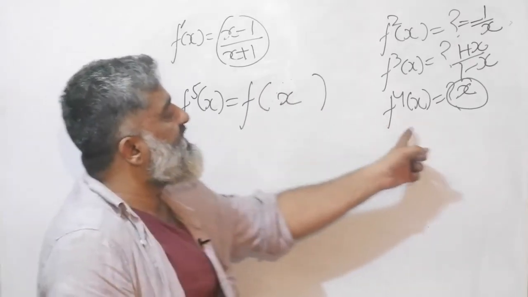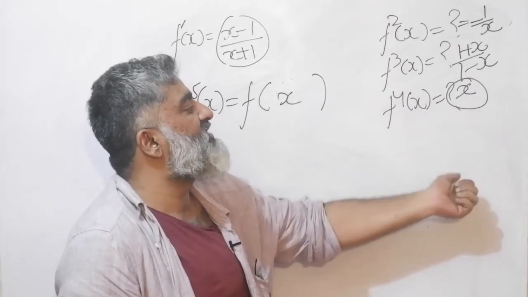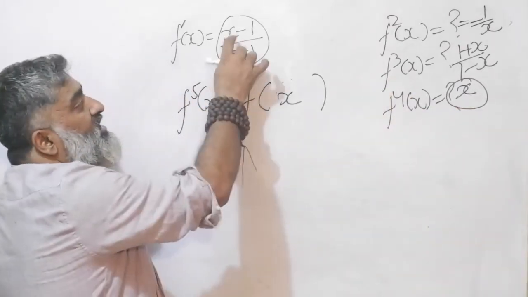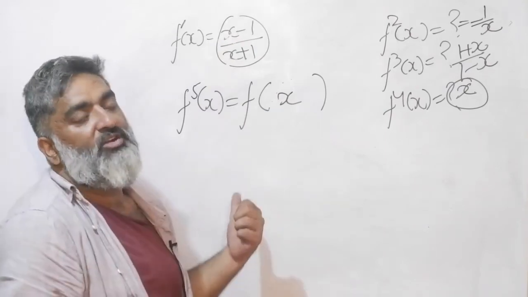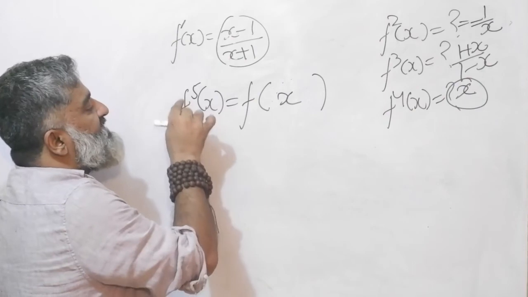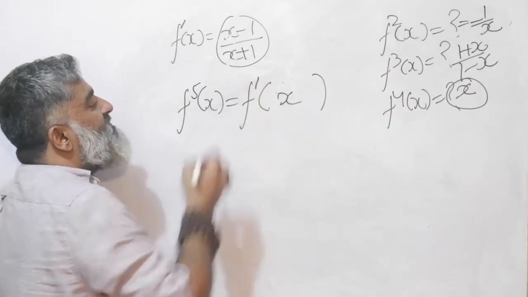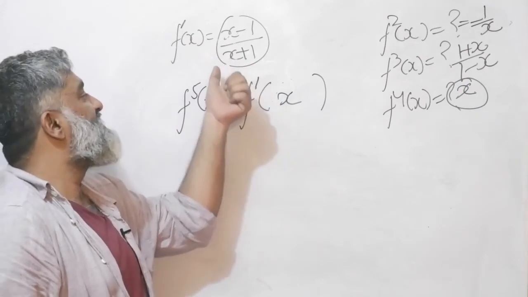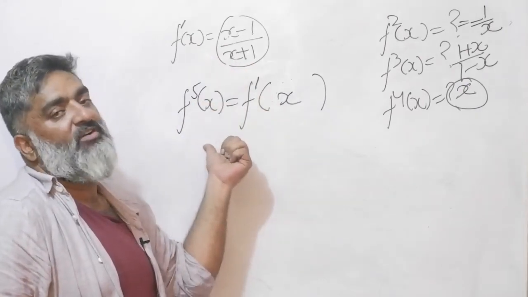That means if you reach this point in the story where the function becomes equal to x, the very next step, you're back to the original starting point of the story, right? So you're back to f of x. So now I can rewrite this as f5 of x is the same as f1 of x. The first step of the cycle is the same as the fifth step of the cycle.